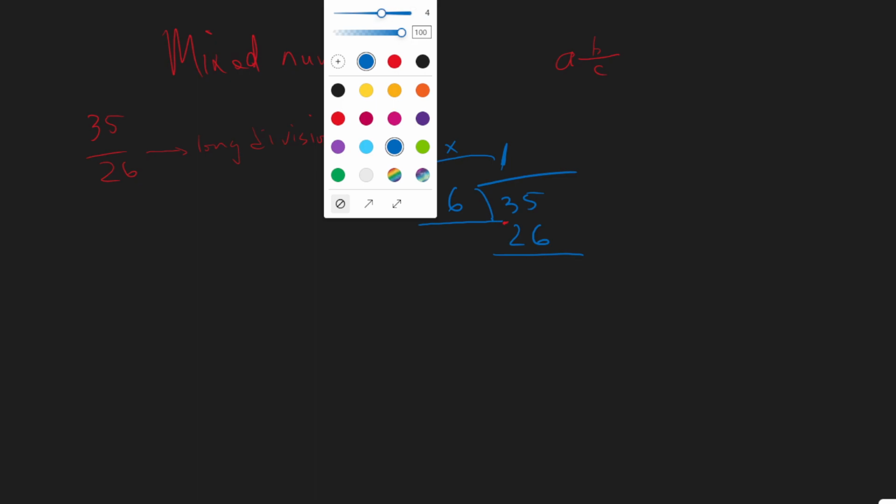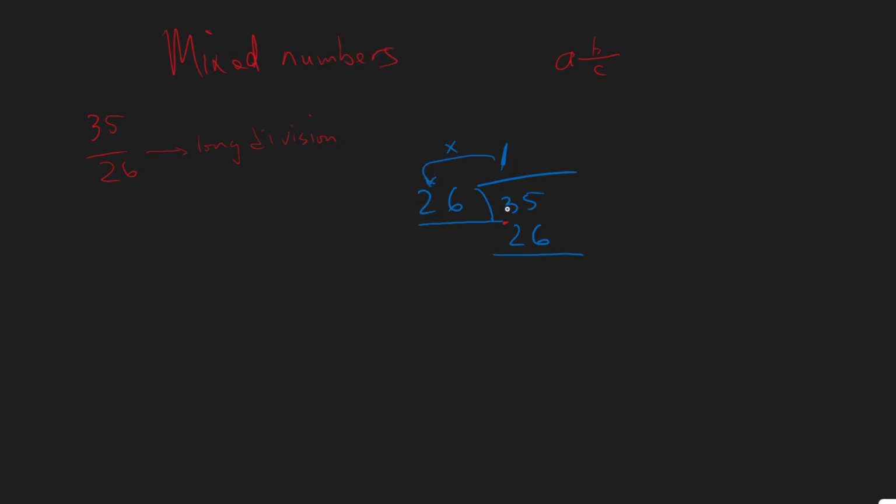It's no longer 3, now it's 2. The 1 you borrow becomes 10, because remember, these are the ones and these are the 10s. Once you borrow that 10, you had 3 10s, you take 1 10 out, so you get 2 10s left.